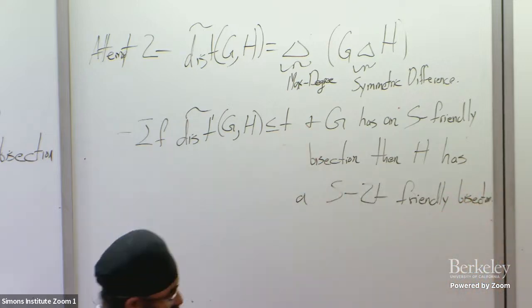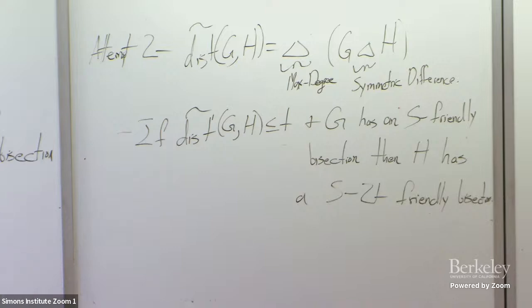So somehow this metric is capturing exactly the notion you want to know. You just want to know how many vertices change at a given edge.